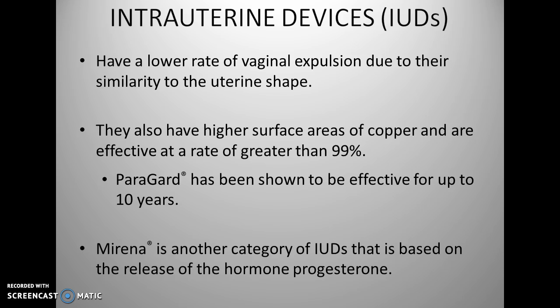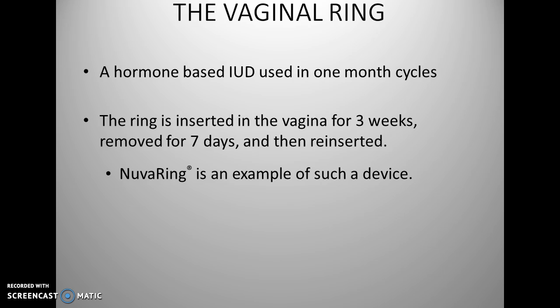It's a category of IUD that is based on the release of the hormone progesterone. The vaginal ring, a hormone-based device, is used in one-month cycles. The ring is inserted in the vagina for 3 weeks, removed for 7 days, and reinserted. We have what's called the NuvaRing as such a device. And that's the end.